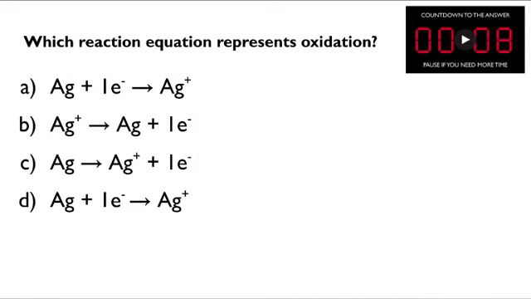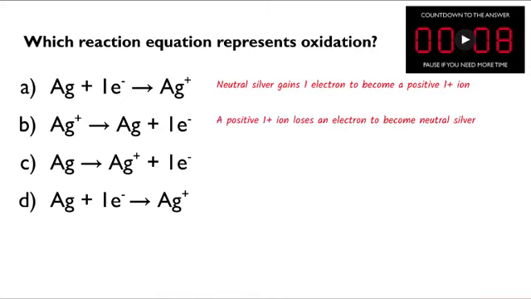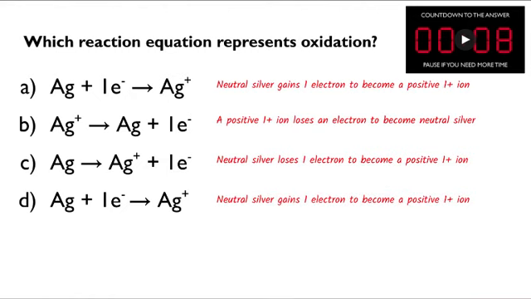A, I have neutral silver gaining 1 electron to become a 1 plus ion. That's what that reaction equation would read as. B shows a 1 plus ion losing an electron to become neutral silver. C shows neutral silver losing 1 electron to become a 1 plus ion. And D shows neutral silver gaining 1 electron to become a 1 plus ion.